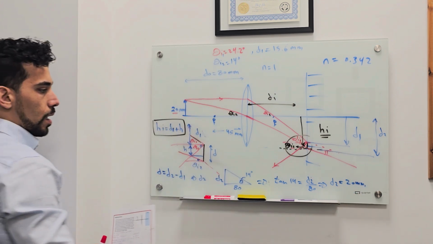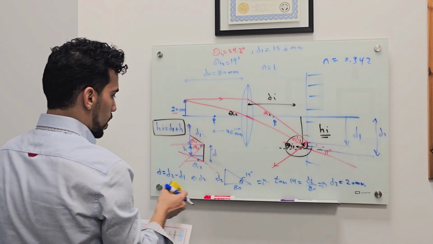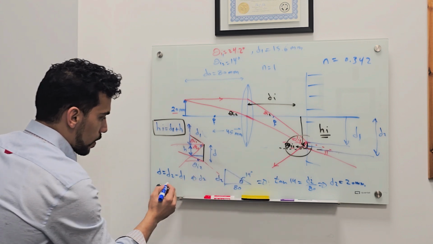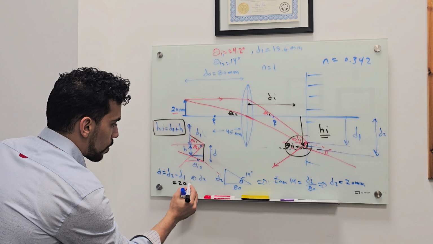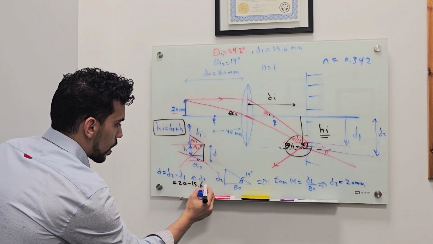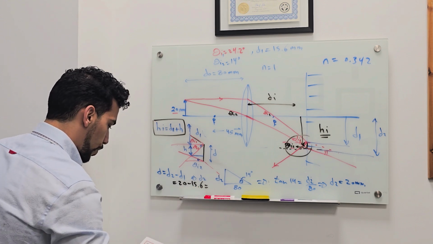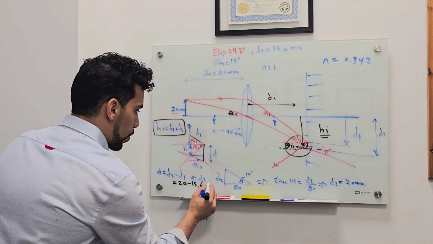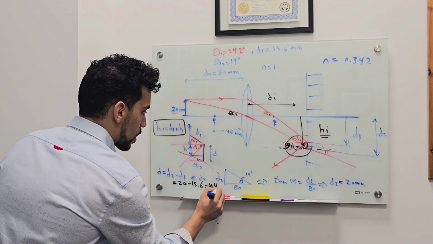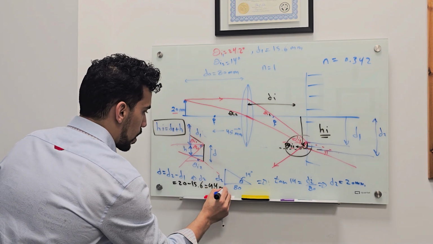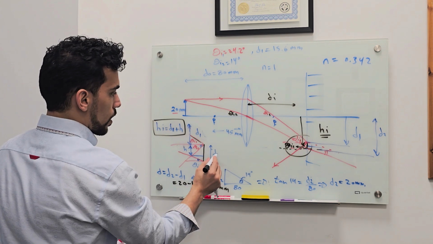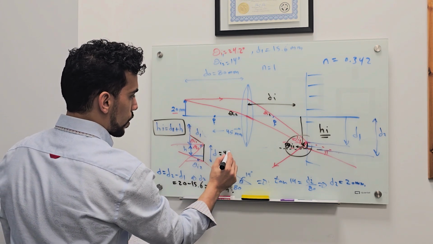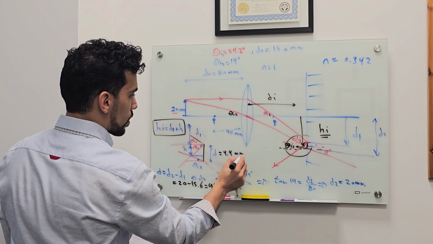Okay, so from here we can say that d is equal to 20 minus 15.6, which is equal to 4.4 millimeters. Okay, so this d is equal to 4.4 millimeter.